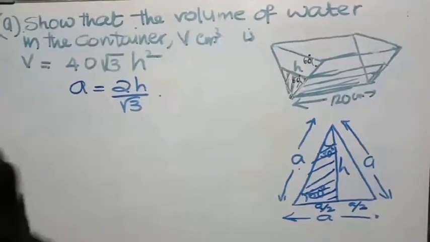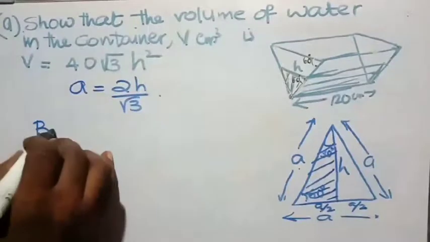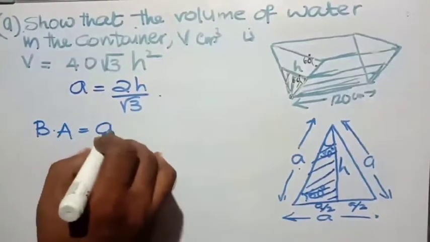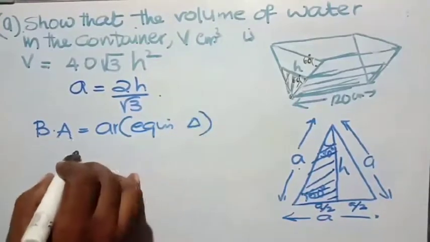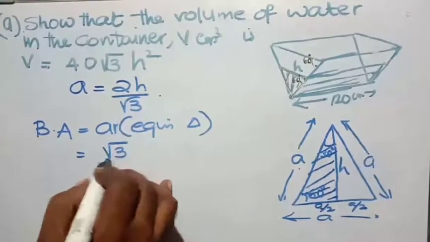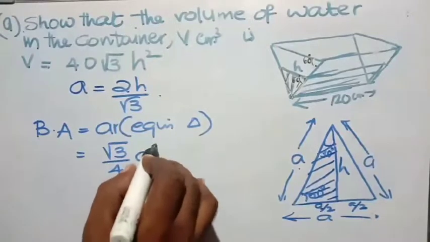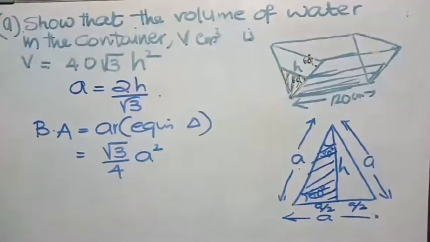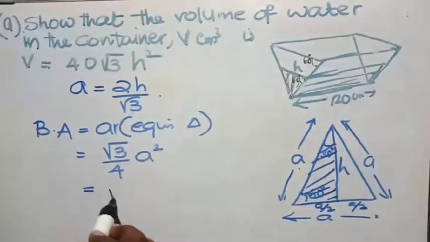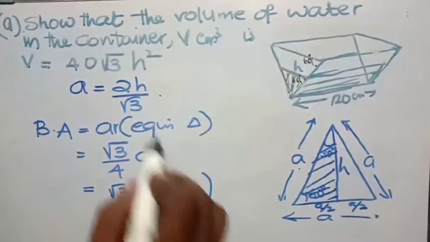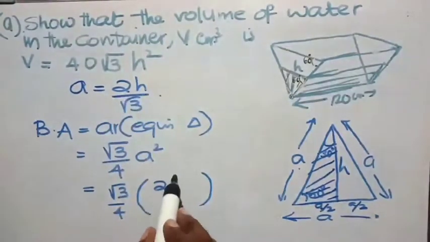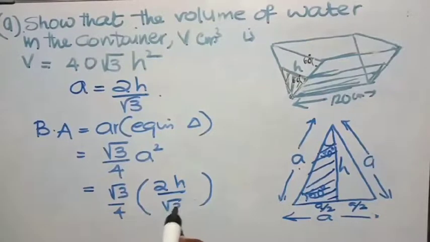Now we can find the base area, which is the same as the area of the equilateral triangle. You know that the area of an equilateral triangle is root 3 divided by 4 A squared. That is equal to root 3 by 4 times A squared, where A is 2H by root 3, squared.